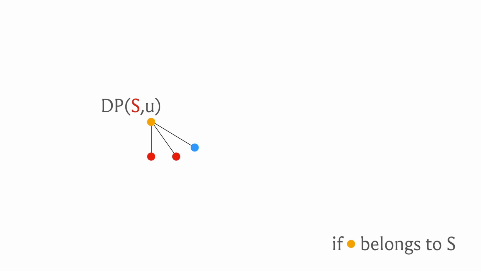We don't know which neighbor, so we're going to try all possible neighbors, and look up the DP table entry corresponding to paths ending at those neighbors. We try out each neighbor as a candidate for where the subpath should have ended, and of course we'll have to remove the color of U from the set S because we have already used this color. We're not allowed to use it again.